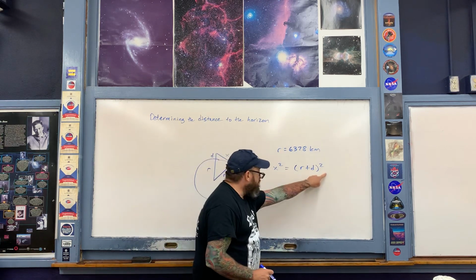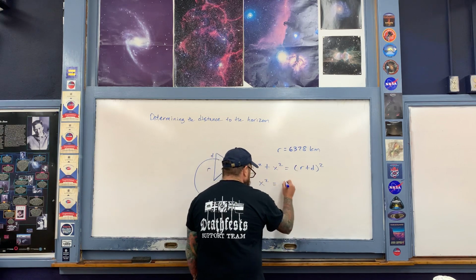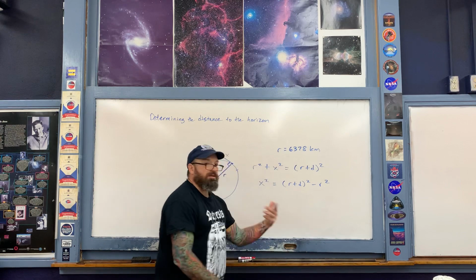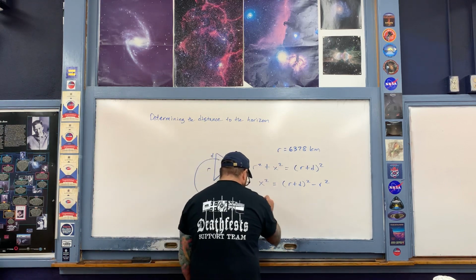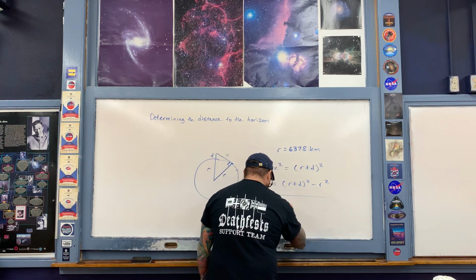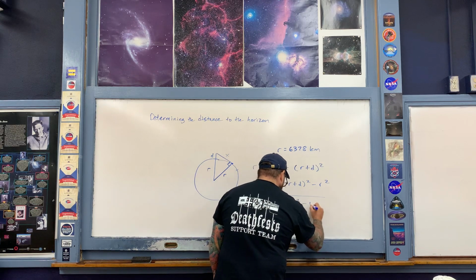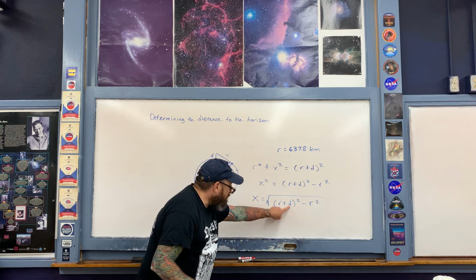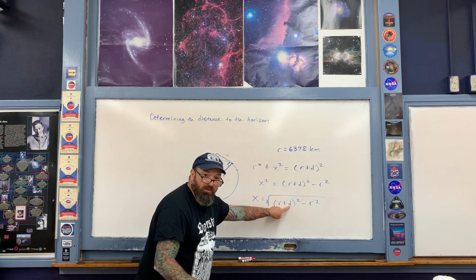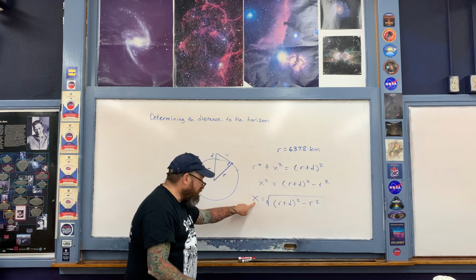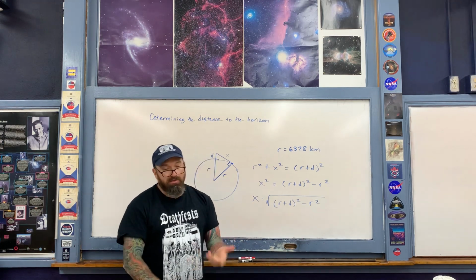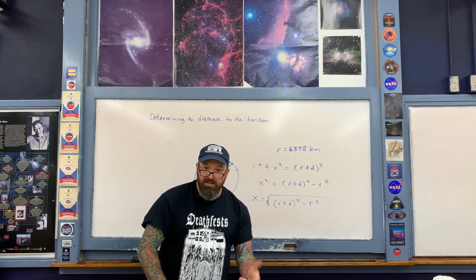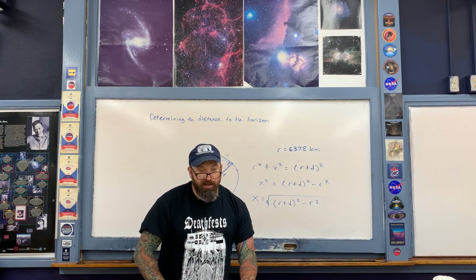So subtract the r squared to the other side, and then just take the square root of both sides to find x, like so. The way this works mathematically is that the greater your elevation above the surface of the Earth, the greater the value of d, the larger the value of x. I described this in part 1 of this lecture when describing the observations of Catalina Island, for example, as seen from here in Pacific Palisades.